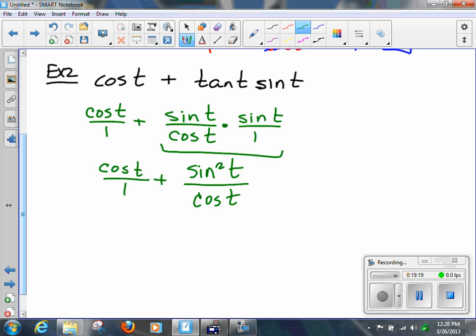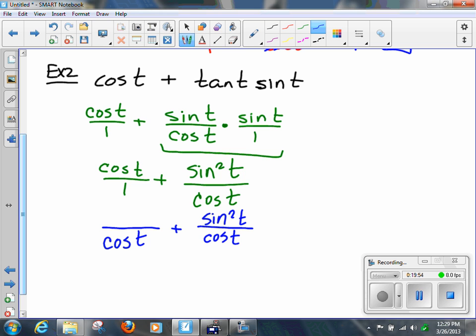Now I have cosine plus that thing. I have two fractions. What do I have to have when I'm adding fractions? Common denominator. What's my common denominator going to be? Cosine of t. Now, my second one doesn't change, right? Because I'm not doing anything. But if I multiply cosine to the first ratio, then what do I have to multiply to the top?